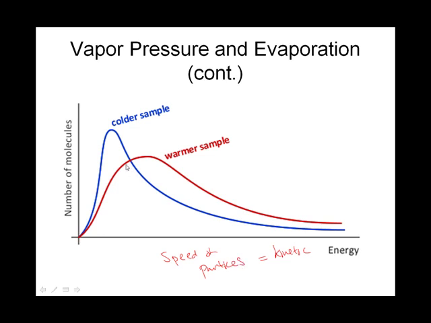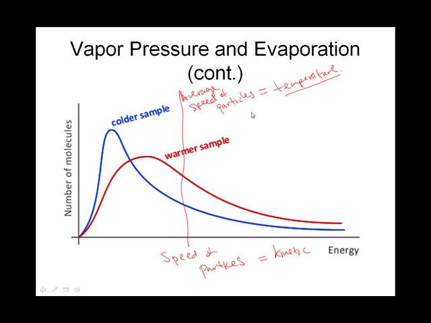You have more particles at the higher speed, and my average speed of particles is a little bit higher. The average speed of particles can also be thought of as temperature. So temperature is the average speed of the particles.